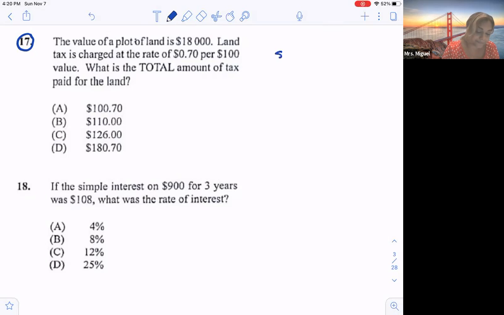Let me write that. So if your parcel of land costs 100, you have to pay 70 cents. If it costs 200, you will pay 70 cents by 2. If it costs 300, you will pay 70 cents by 3. You understand?